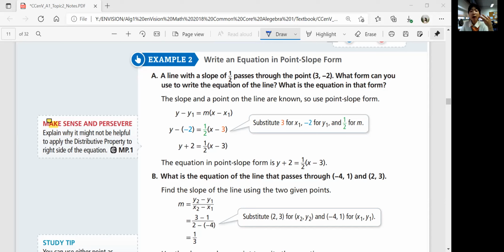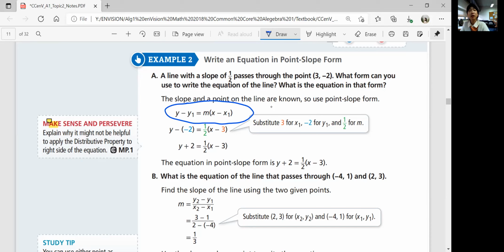You literally have a point and a slope. That's why it's called a point slope form. If you have a point and a slope, you can write a point slope form right away. So you have the point slope form here, y minus y sub 1 is equal to m times x minus x sub 1.